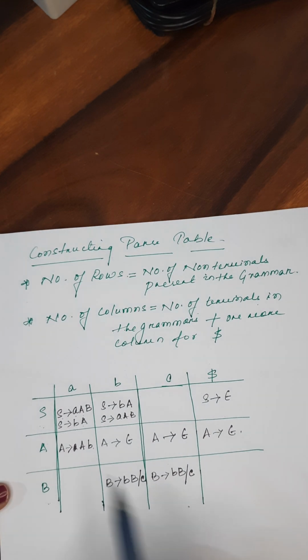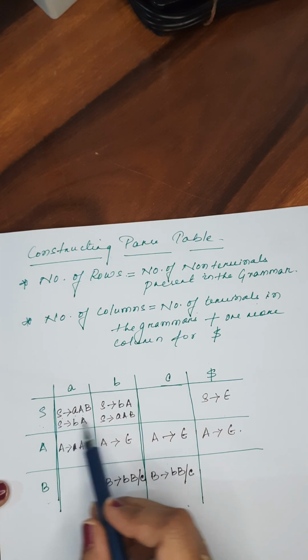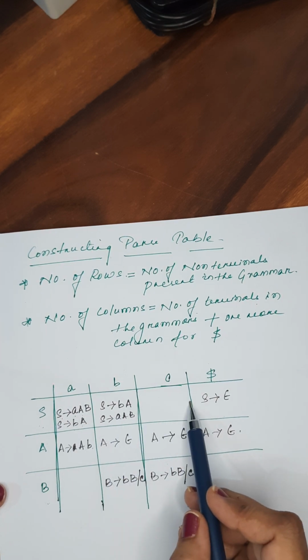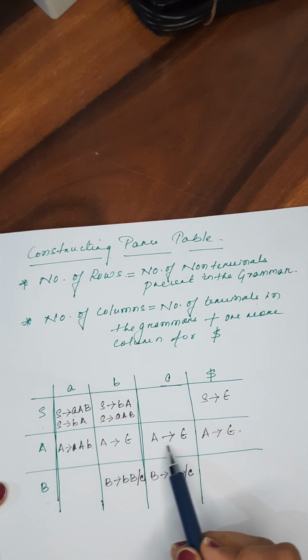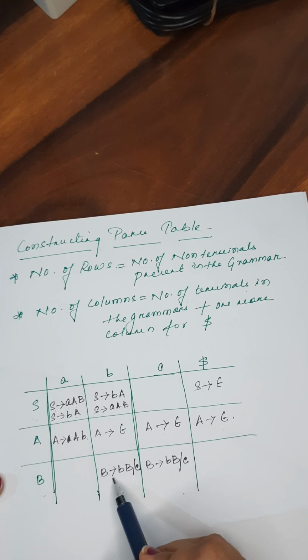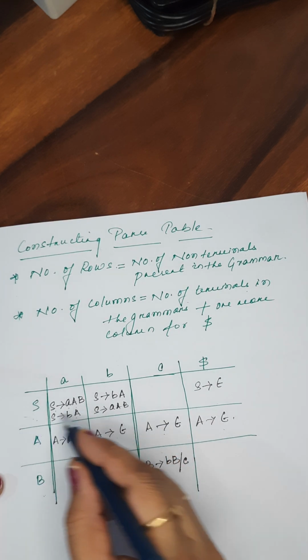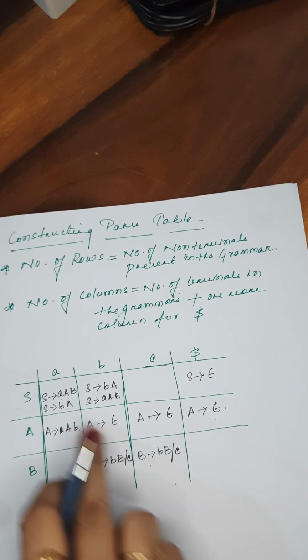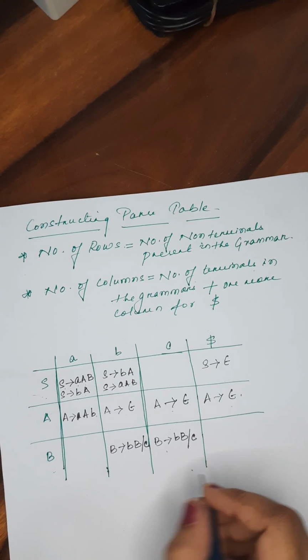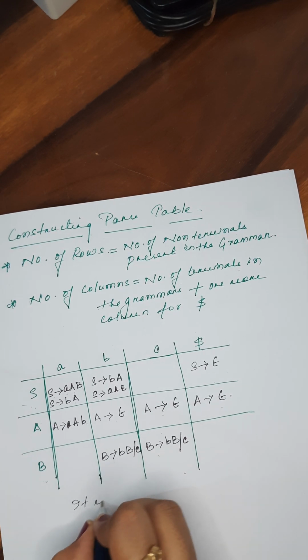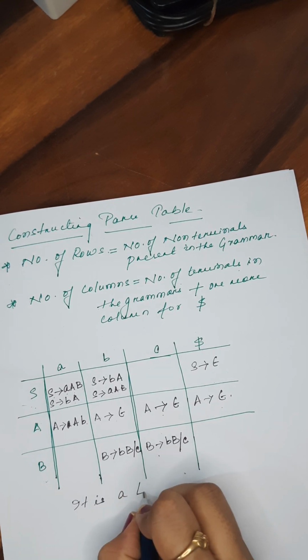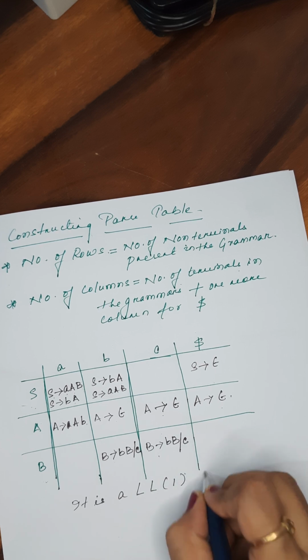Okay. So, that means what? One entry. Here also one entry, here also one entry, one entry, one entry, one entry. Here also one entry, here also one. So, in all the row column intersections, if you are having a single entry, then we call it an LL1 grammar.